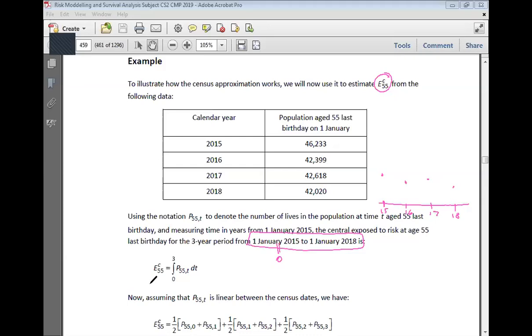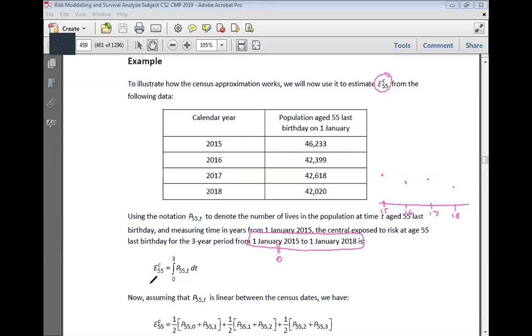The years that we are observing: my first year will be 1 Jan 2015 to 31st December 2015, the second will be 1 Jan 2016 to 31st December 2016, then 1 Jan 2017 to 31st December 2017, and then I only have 1 Jan 2018, which is 1 day next. If I'm measuring from 1st Jan to 1st Jan, I have 3 years, right? That is why in my integral I have from 0 to 3, P55, t, where t changes from 0 to 3.